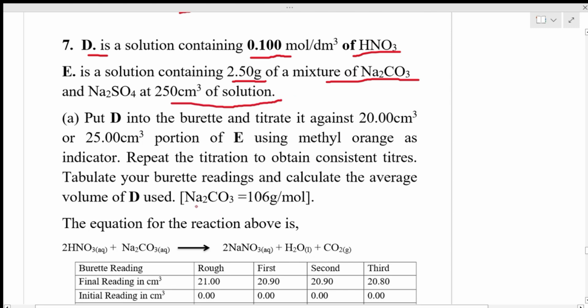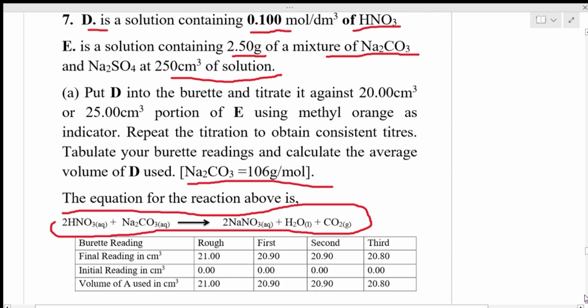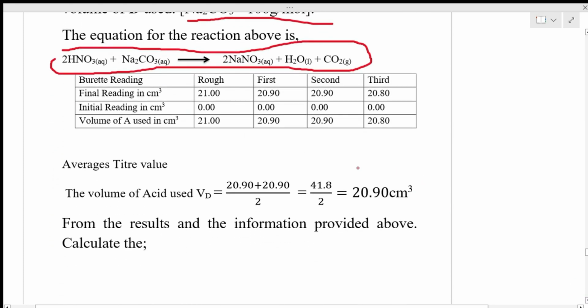The molar mass given is 106 gram per mole. All right, this one is our equation. By now, everybody should know this equation of reaction, and this is our calculated value. By now we should have mastered this.